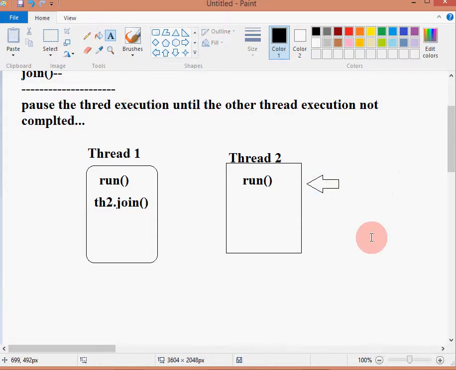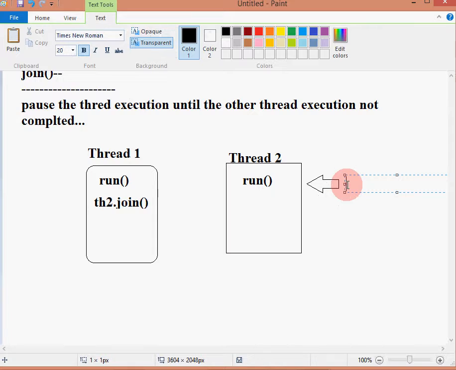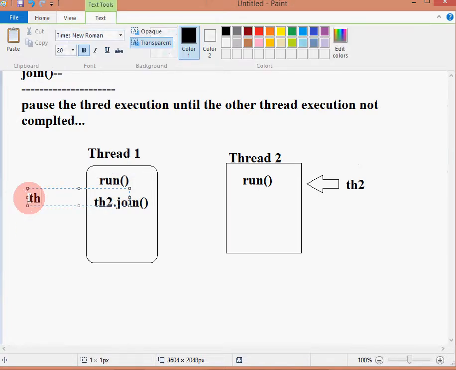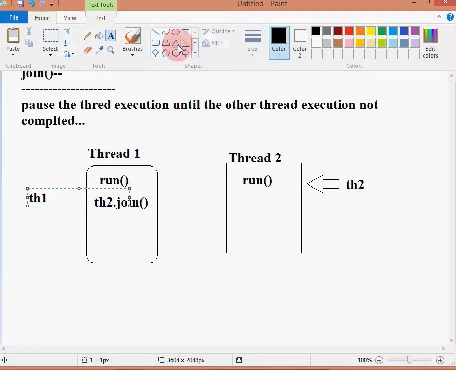This is th1, this is th2. Create a Thread class object, Thread th2.